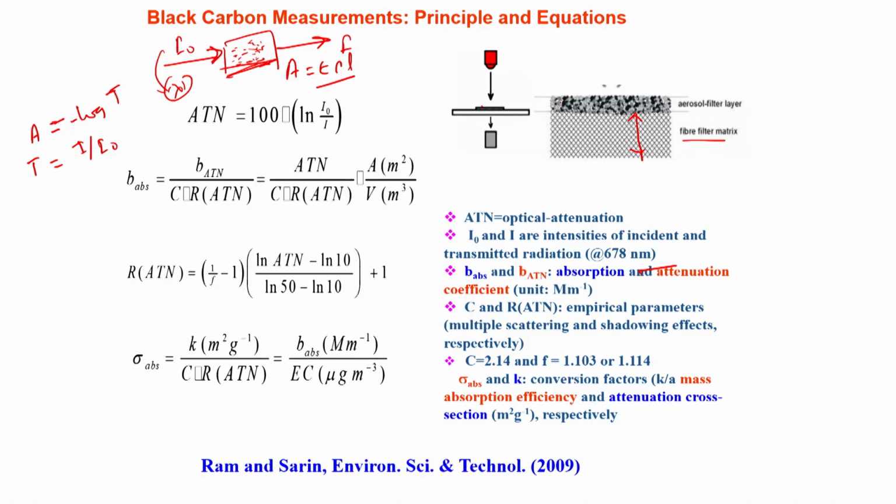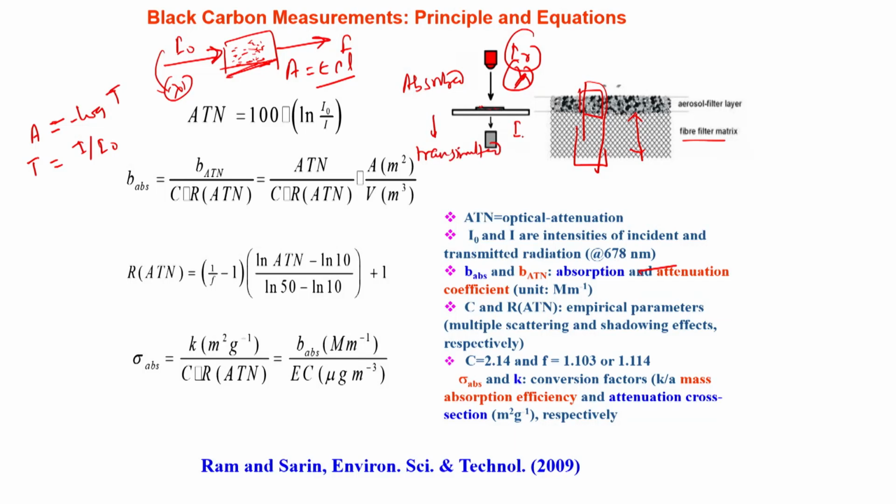You take a punch of this, a small piece of these aerosols, and you put it on some boat or something like that, and you shine a laser on this one. When you shine a laser, you know the intensity I and the wavelength is lambda. So it is shined on this one, and part of this will be absorbed, and part of this will be transmitted.